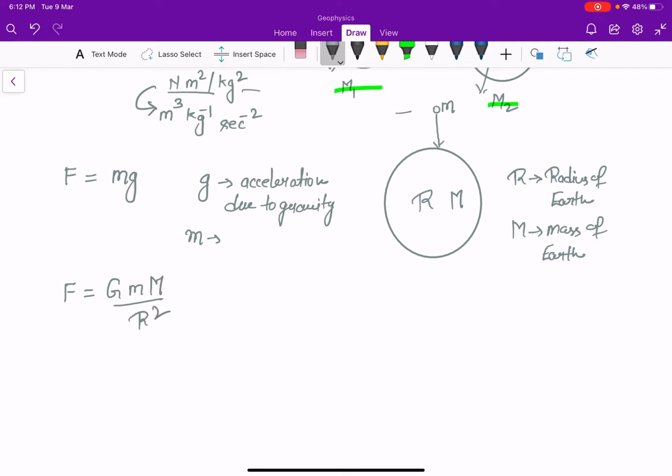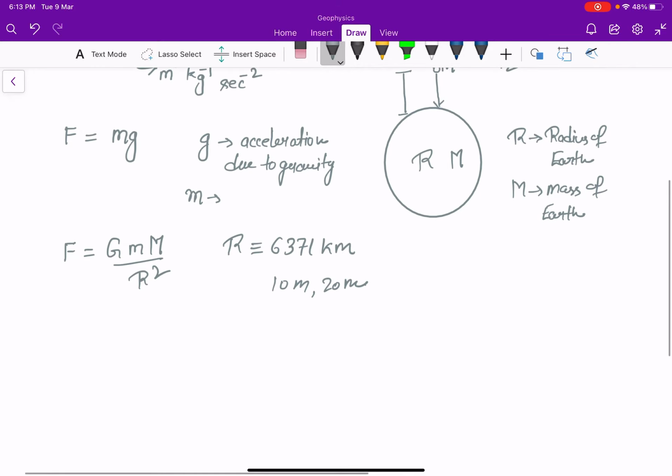Because this distance we can consider negligible in comparison to the radius of Earth, because the radius of Earth is 6371 kilometer. In comparison to this, 10 or 20 meter is very less. So r will be the distance between the center of mass of Earth and the object. So F will be G m M by r square.